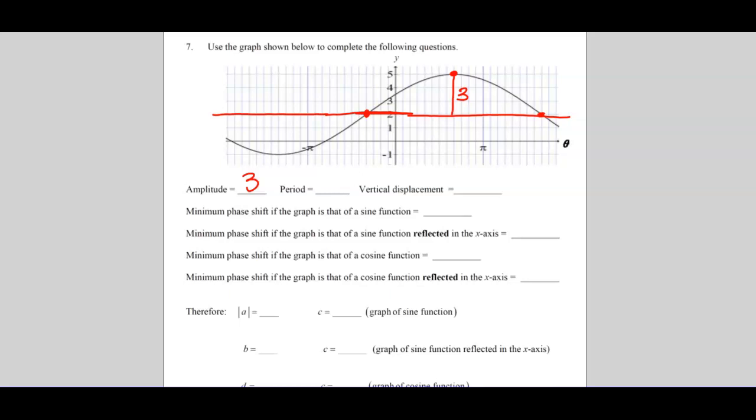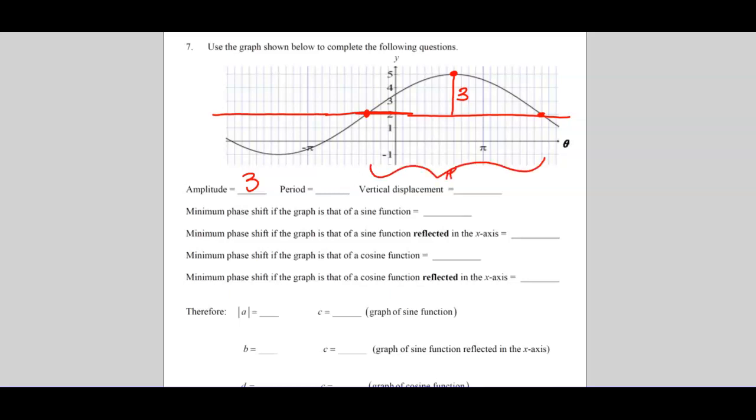So take a look. This is 1, 2, 3, 4 grid lines to the left of 0. Then we've got pi. Pi is divided into 12 parts. We've got 1, 2, 3, 4, 5, 6, 7, 8. So pi, 8 grid lines, 4 grid lines is another pi.